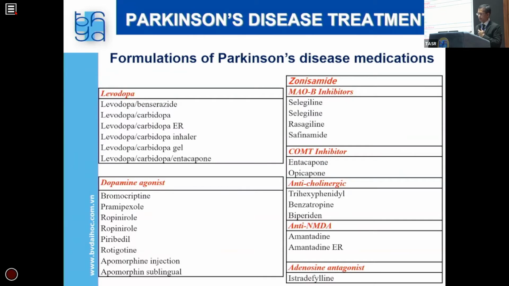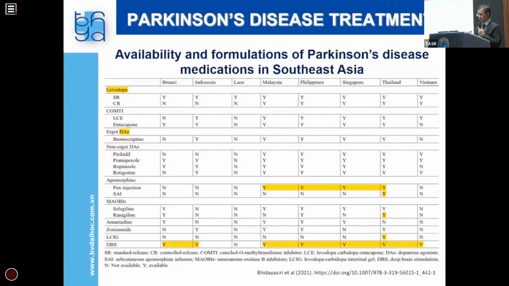And we also have zonisamide, MAO-B inhibitor, COMT inhibitor, anticholinergics, anti-NMDA, and adenosine antagonist. However, as you see in the slide of Professor Peter Sassari, in our region most countries have levodopa, and most countries have deep brain stimulation. But some countries have it, some countries don't.